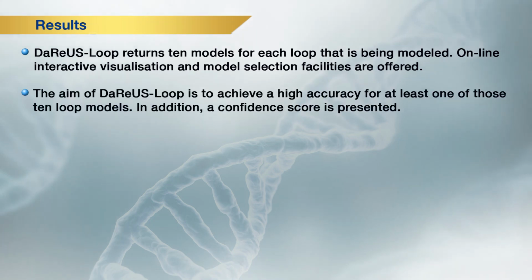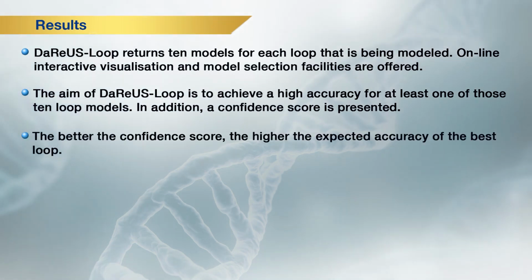The main aim of Darius loop is to achieve a high accuracy for at least one of these 10 loop models. In addition, a confidence score is presented. The better the confidence score, the higher the expected accuracy of the best loop. So in the result, if the confidence score is high, the higher accuracy of the loop will be reported.